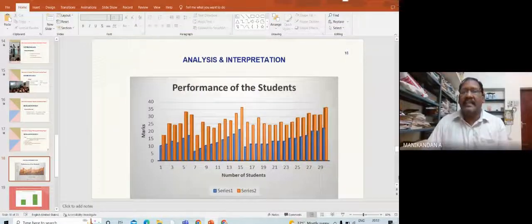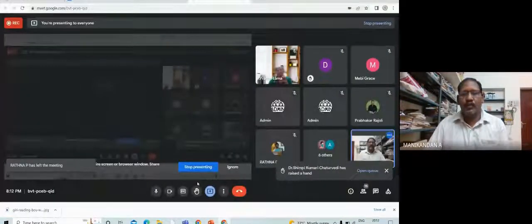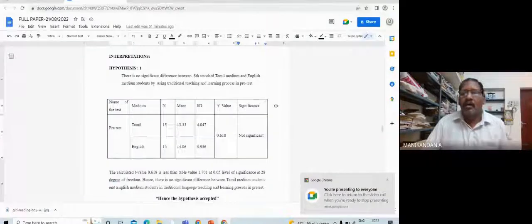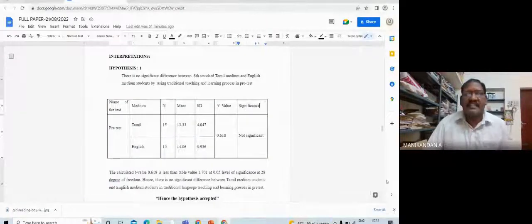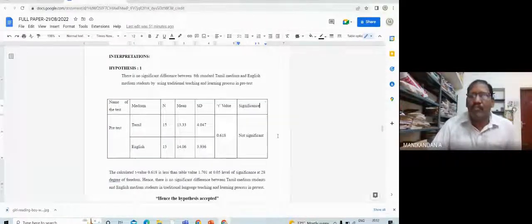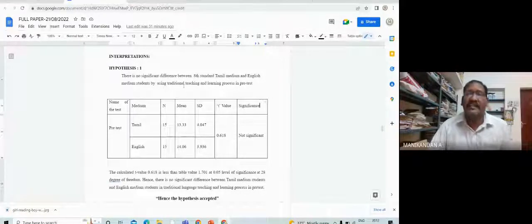Through my study, my hypotheses were proved. The first hypothesis: there is no significant difference between 8th standard Tamil medium and English medium students by using the traditional chalk and talk method, the traditional teaching and learning process.